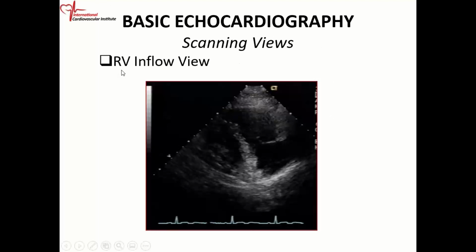This is what we call the right ventricular inflow view. It's right ventricular inflow because this is the right atrium, this is your tricuspid valve, and blood flows from the right atrium across the tricuspid valve into the right ventricle. This is your ventricular septum, and this is your LV cavity.